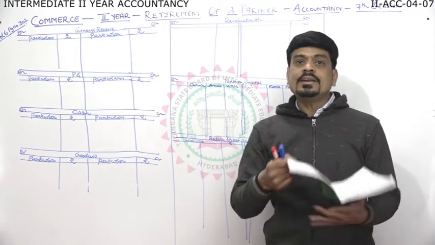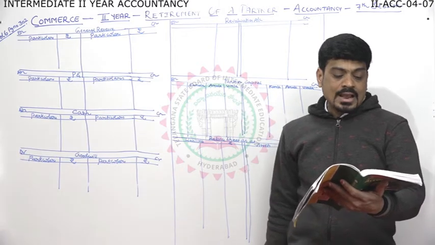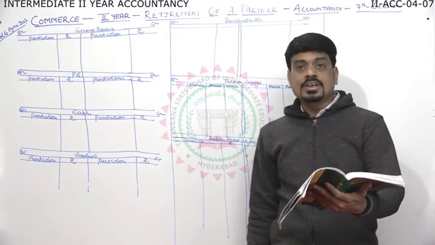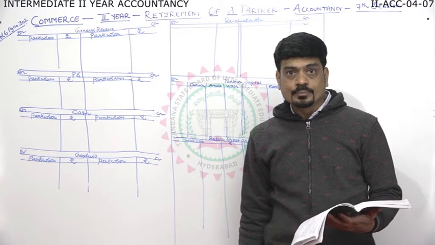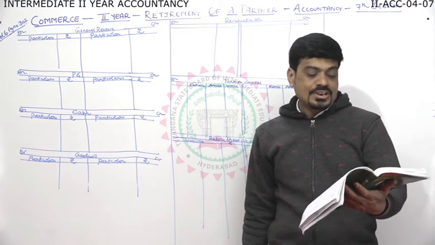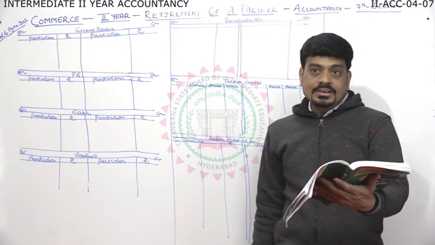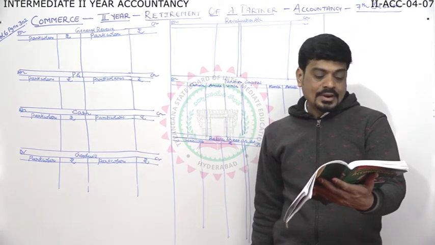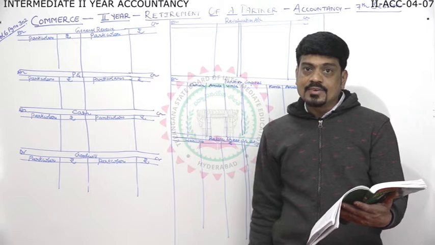They say Kamala, Vimla and Amla are partners sharing profit and losses in 5:3:2 ratio, and their balance sheet is given. If you focus on the balance sheet, creditors, bank overdraft, reserve, and capital accounts are given.